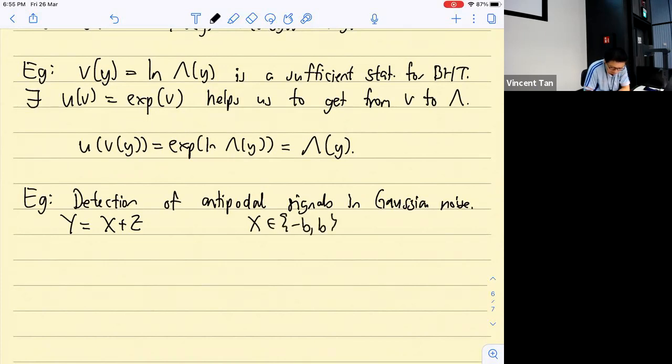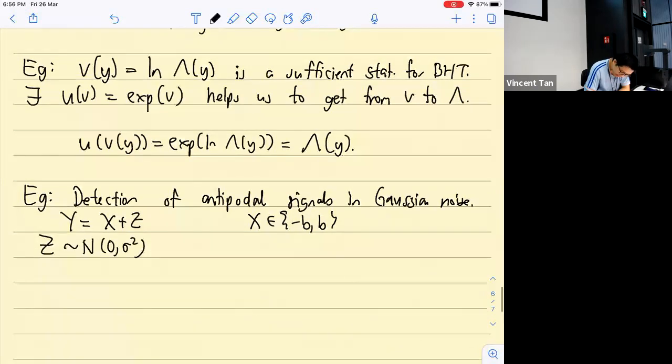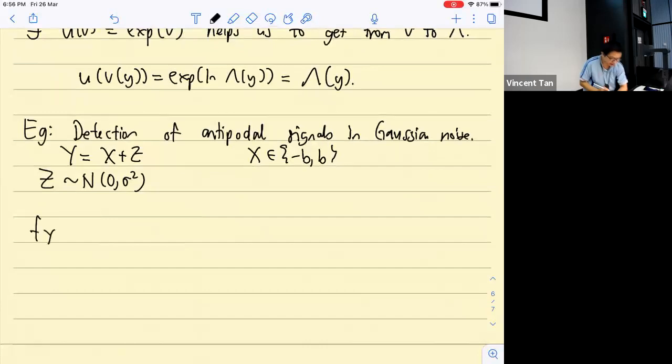Minus b corresponds to hypothesis 0, and plus b represents hypothesis 1. Here z is distributed as Gaussian with a certain variance. So notice that now my y here is infinite valued.